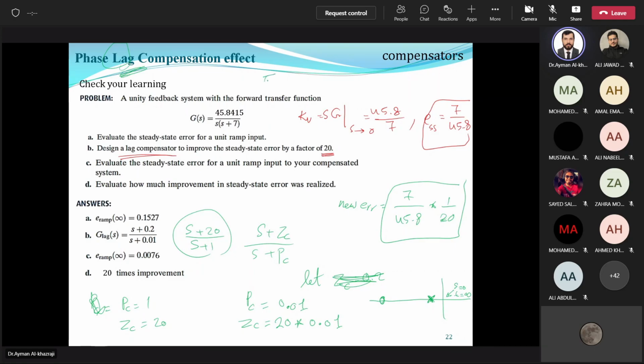Let me say by 5 times. Design a lag compensator. You will say, okay, my zero is 5 times my pole. If this is 1, this will be 5. Good. This is a gift.